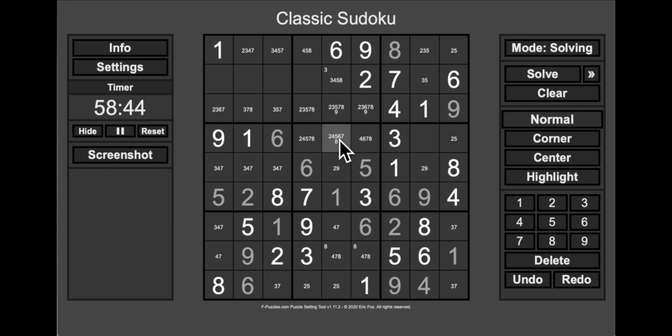Okay, the 6 here tells me whoops, that's definitely not 6. Neither is that. I've got 2, 4, 5, 7, 8 in here. The only cells I can get rid of are 4 and 8.